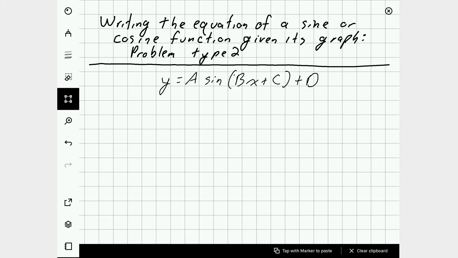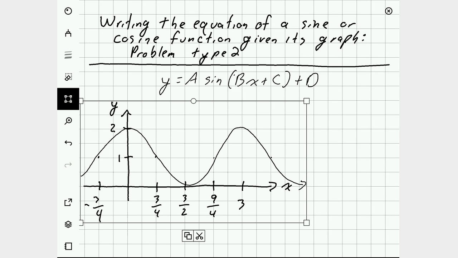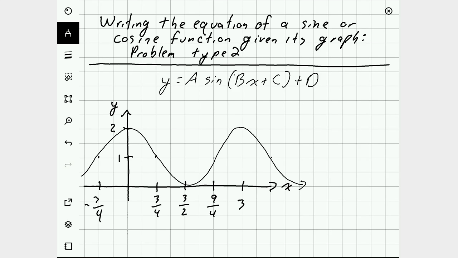So let's take a look at a graph here and start working on analyzing this curve. As we saw in problem type 1, the first thing that I want to do is look at the range, the vertical extents.